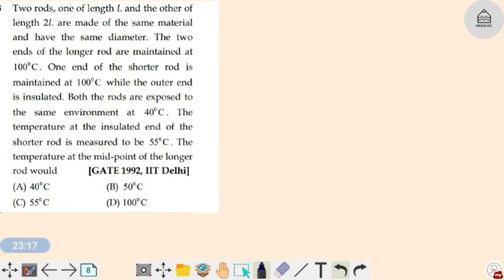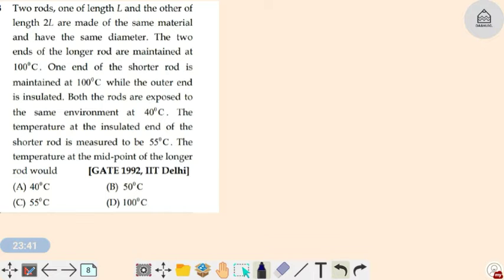So this is an interesting question. Two rods, one of length L and other of length 2L, are made of same material and have the same diameter. The two ends of the longer rod are maintained at 100 degrees Celsius. One end of the shorter rod is maintained at 100 degrees Celsius while the outer end is insulated.